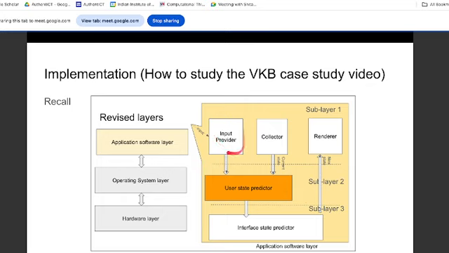Now think about these three blocks: input provider, collector, renderer. Whatever the user enters is entering as an input to the system. Collector is something that stores the values that the user state predictor computes, as a current state.